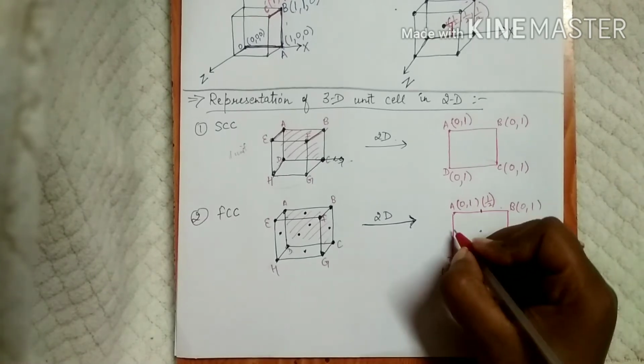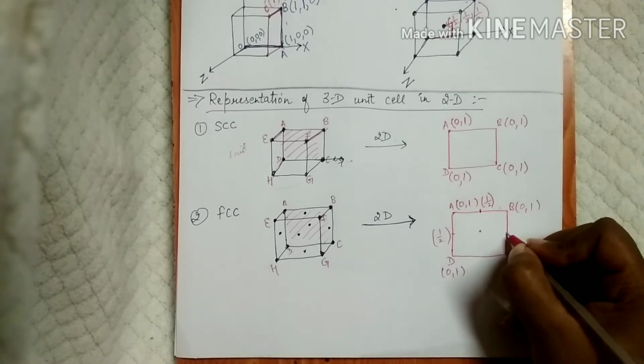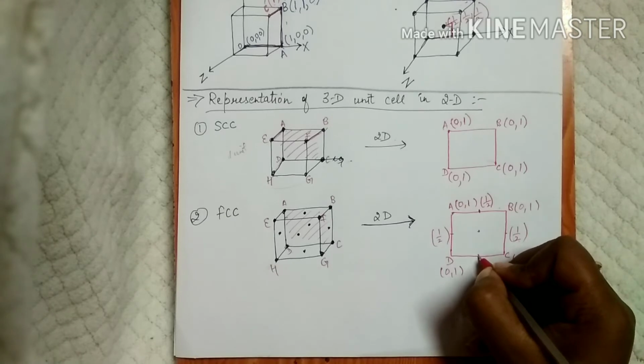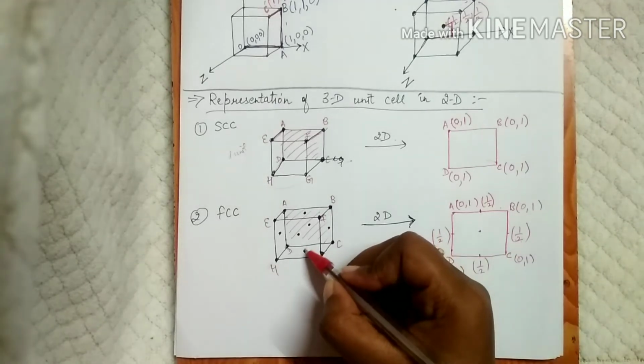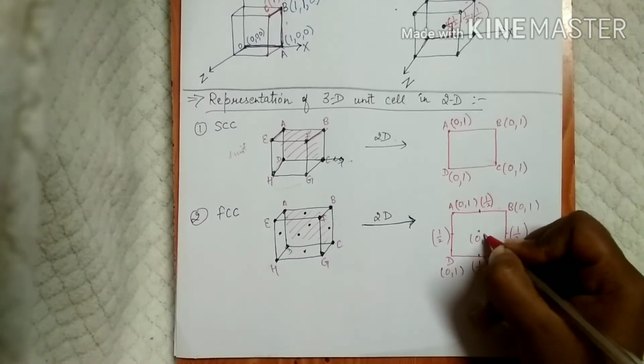Next at 1/2 distance here also, at 1/2 distance here also, and at 1/2 distance here also. Now at center also you have to designate 0, 1.